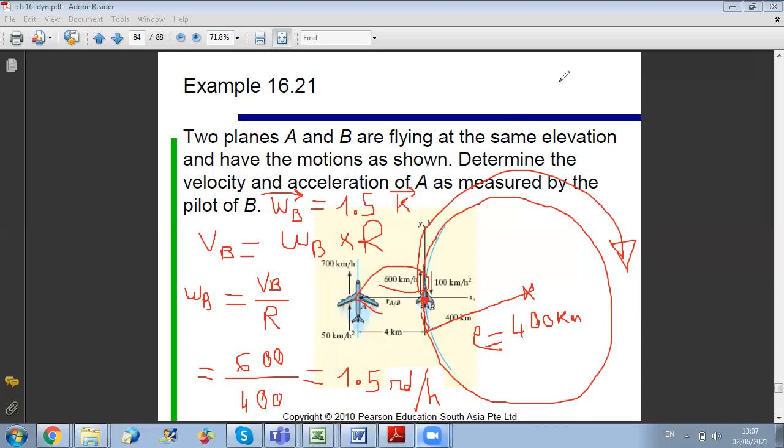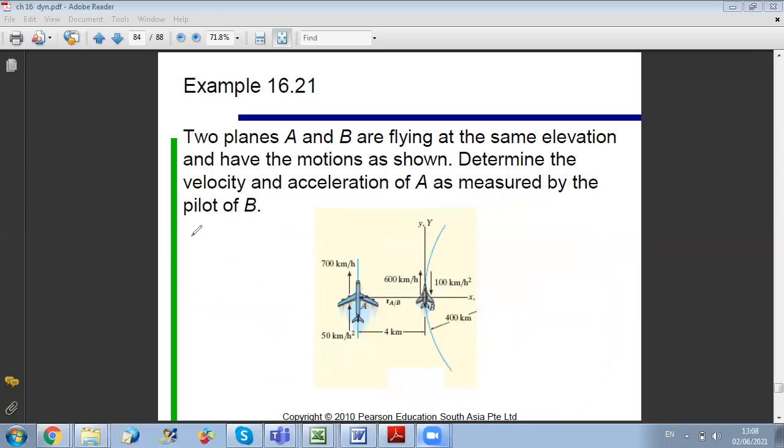Okay, let us do it together. So I have again V relative is equal to VA, which is 700j, minus VB, which is 600j, minus omega relative, which is 1.5k, vectorial BA. What is vector BA?